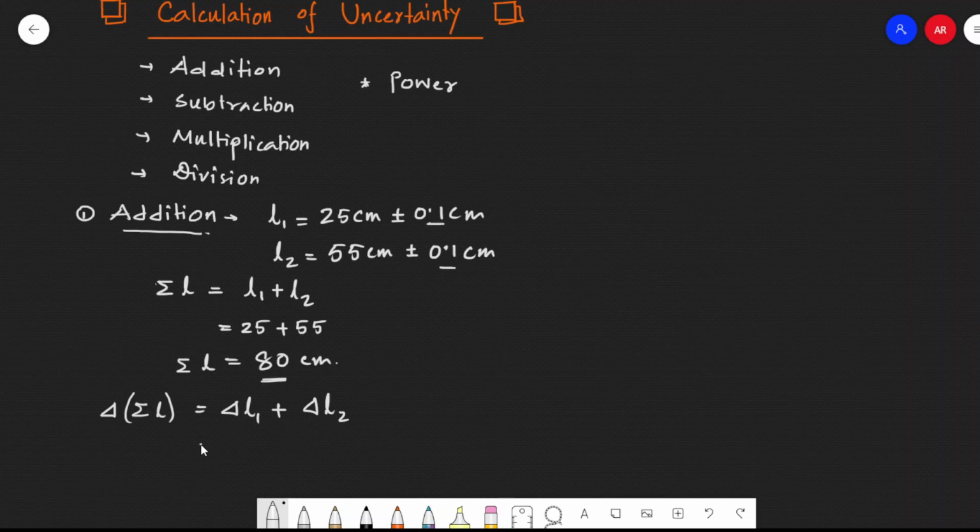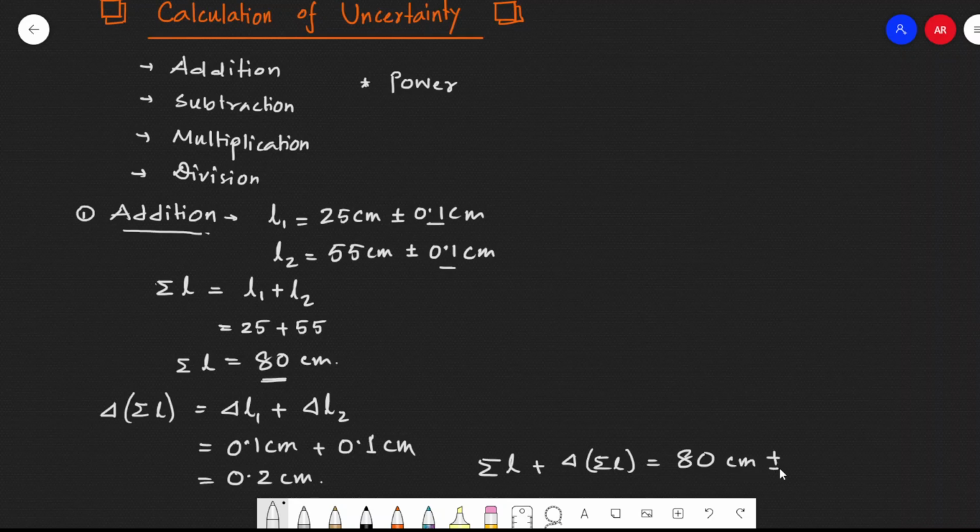So right here the uncertainty of length L1 is 0.1 centimeter and this also is 0.1 centimeter. So it is 0.2 centimeter. So the total length has an uncertainty of 0.2 centimeter. When we express the total length with its uncertainty, we express it in this way: 80 centimeter plus minus 0.2 centimeter.